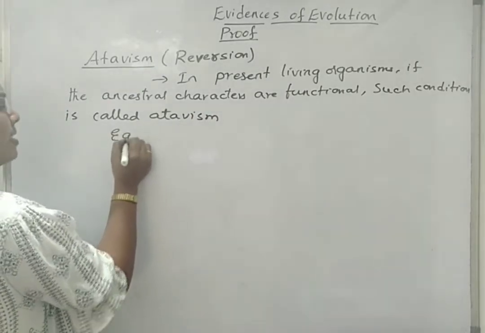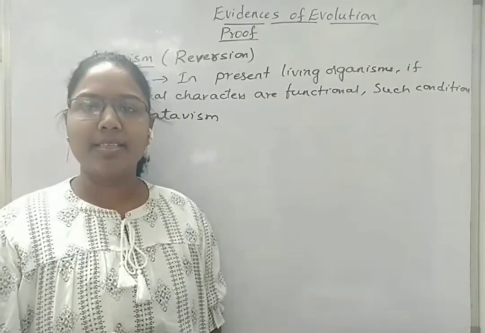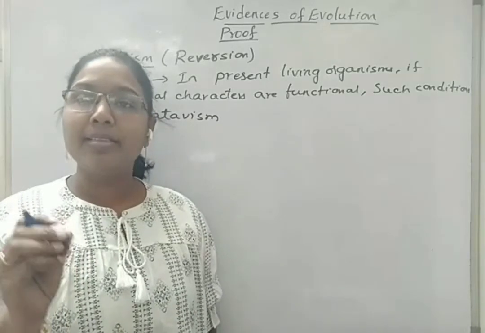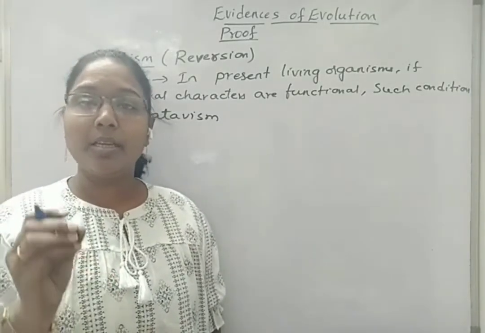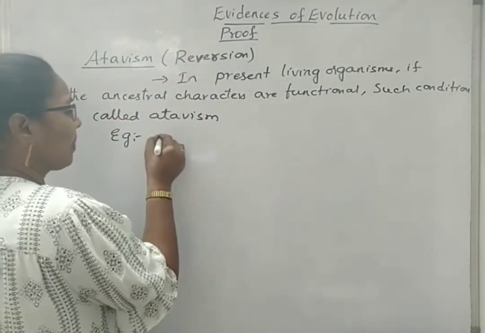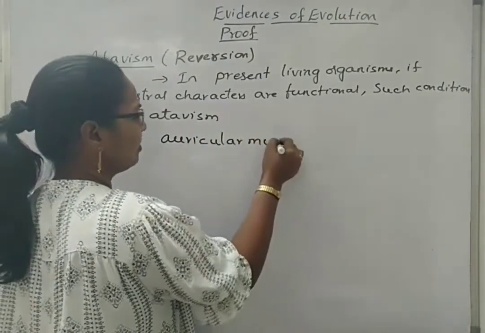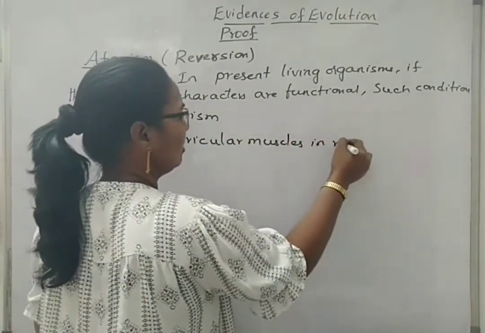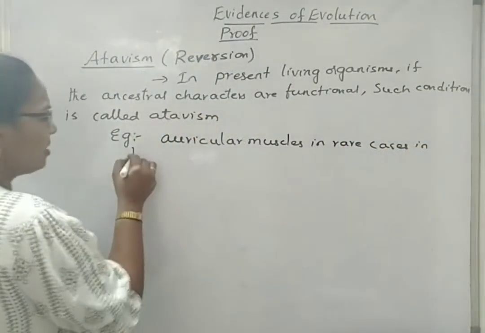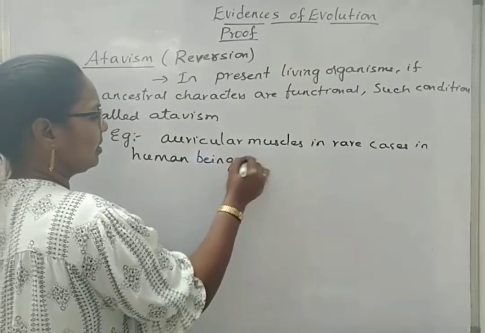So here we can take some examples. If you observe, in very rare cases, when you touch like this, the pinna will be closed. It means in such people we can consider the auricular muscles a little bit functional. Auricular muscles in rare cases in human beings are functional.